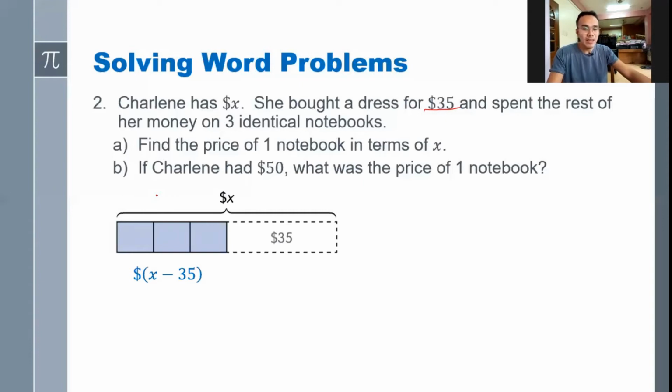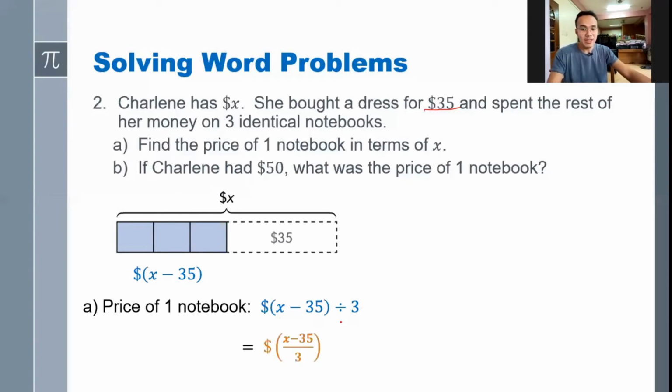So to find the price of one notebook in terms of x, we are going to divide x minus $35 by 3, or this is the same as (x minus 35) over 3 dollars. This is our answer for letter A.